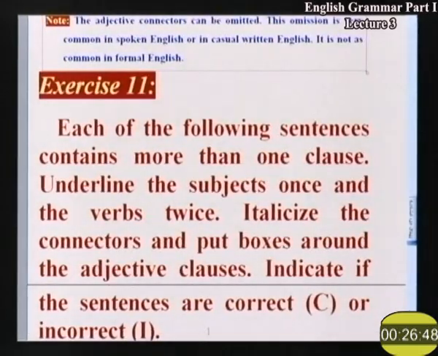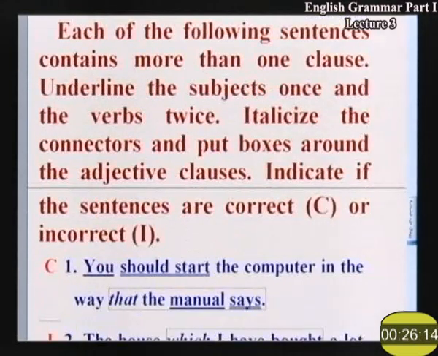Each of the following sentences contains more than one clause. Underline the subjects once and the verbs twice. Italicize the connectors, write them in italics, and put boxes around the adjective clauses. Indicate if the sentences are correct or incorrect, and if incorrect, why, and how to fix them.